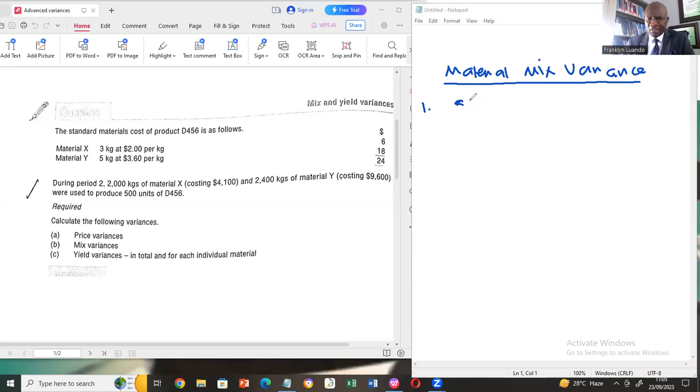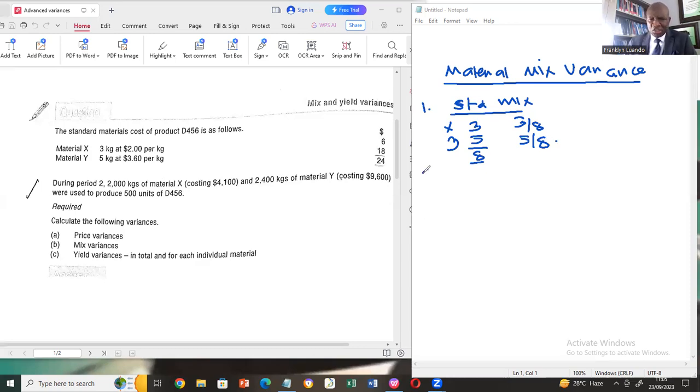The standard mix is important. For the standard mix, we have X, 3 kilos, and Y, 5 kilos. What is the total? The total is 8. So the mix is 3/8 and 5/8. That is the mix.